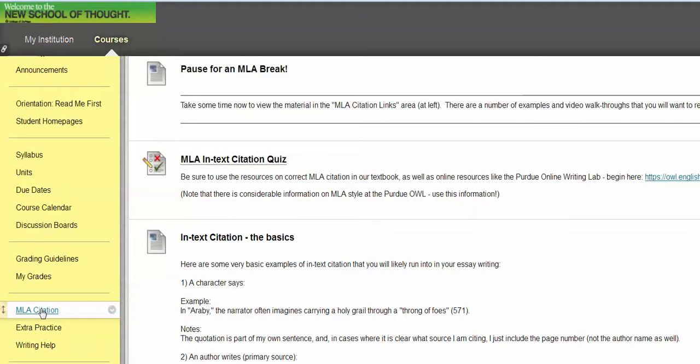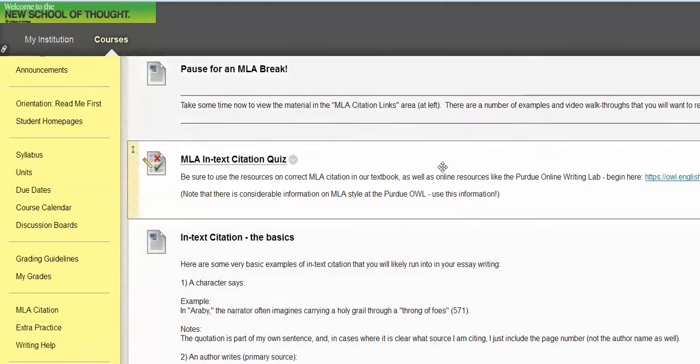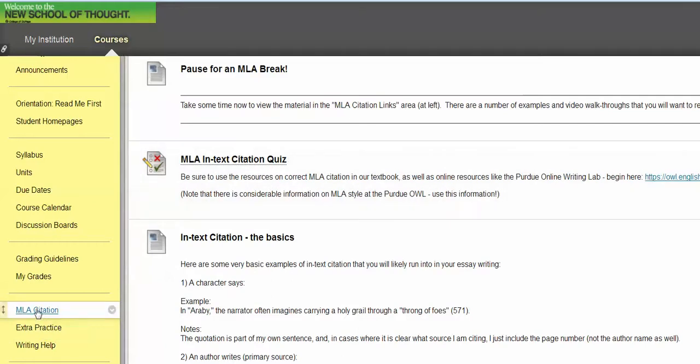Again, it's important that you don't just do this as part of this unit only, but refer back to it throughout the course. MLA citation and anything research related is really, really important for our course, because English 1102 is often called the research course.